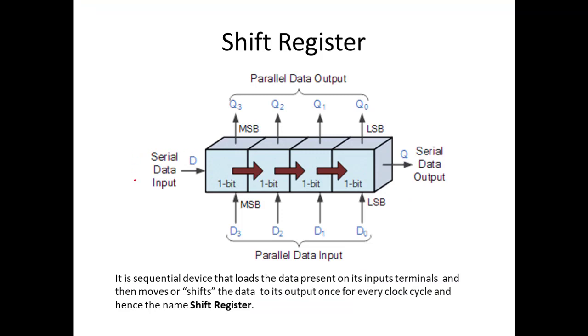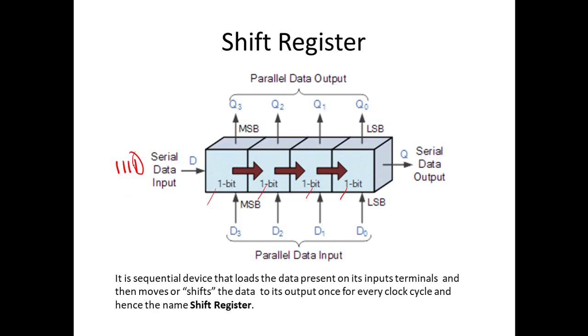In the serial data input, as I said earlier, if I am giving 1, 1, 1, 1, you will be giving a clock pulse also. All the 4 flip-flops will be connected to a clock, synchronized to a clock. It may be an edge triggered clock or a level triggered clock.